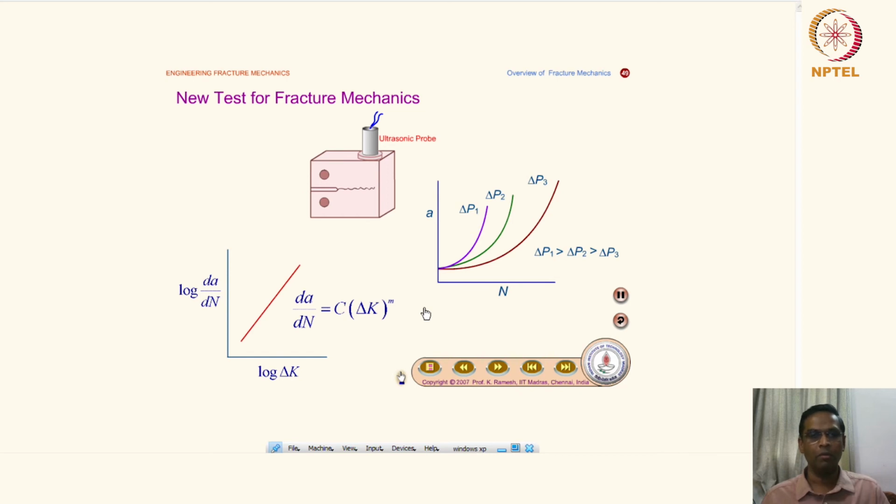Because whatever discussion we had in the previous chapter, mostly we dealt with deformation, and from fracture mechanics onwards, we are talking about fracture. If you recall, in the beginning of the course, we showed the whole subject, mechanical behavior of materials, in two domains. One is deformation, another is fracture.